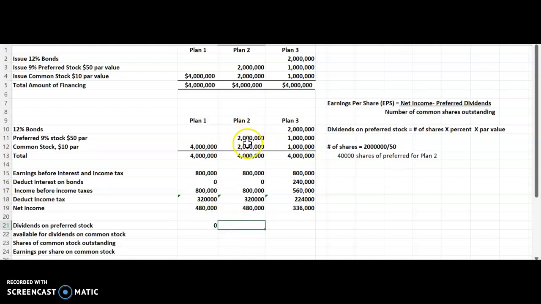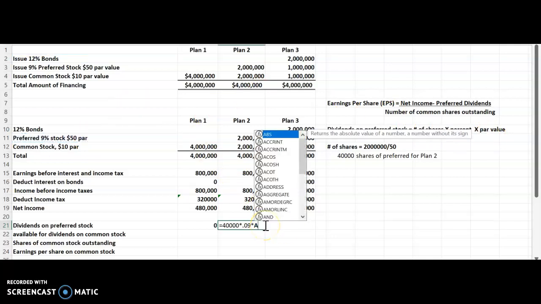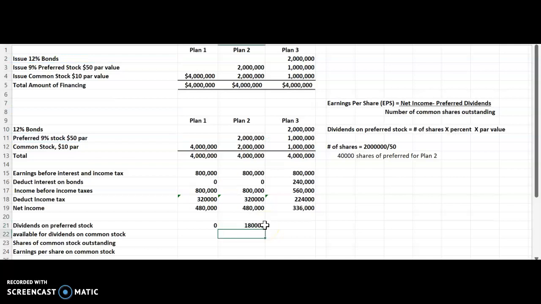For Plan 2, we will calculate that by taking the number of shares, which we determined was 40,000, and times that by your percent, which is 9%, and times that by your par value, which is 50. And so the dividends on preferred for Plan 2 would be 180,000.